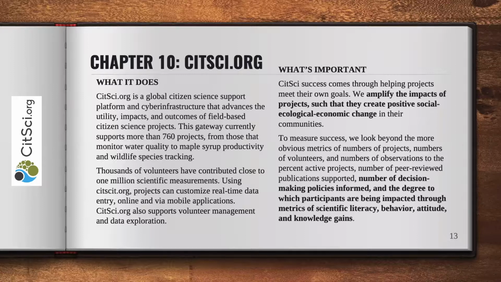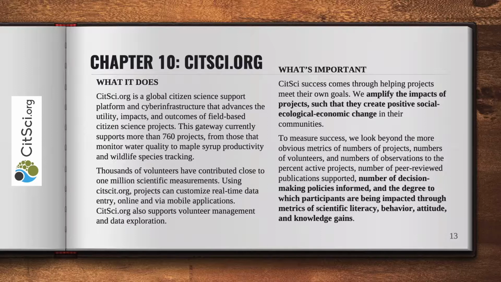But they wanted to look a little more deeply. Because we hear a lot about citizen science projects, and for some you wonder what the impact really can be. And so what Greg and his group looked at is the number of decision-making policies informed, the degree to which participants are being impacted through the metrics of scientific literacy.